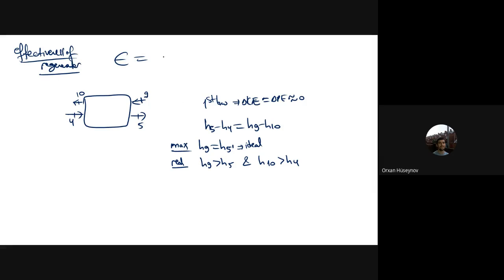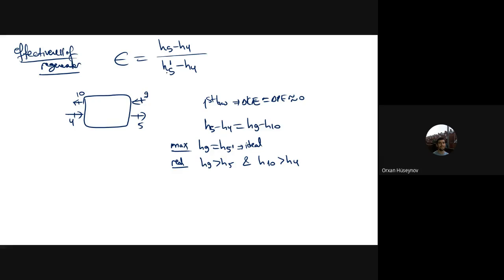For the effectiveness, we are comparing the maximum conditions with the real conditions. So for the ideal conditions, you will have H5 prime minus H4. This is the ideal one, but in reality, it is H5 minus H4.